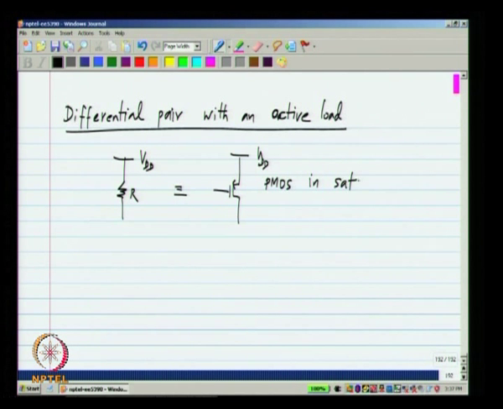Okay. If it is in saturation region, what does this look like? It looks like an equivalent resistance RDS, and we know that in saturation region this RDS is rather high. From the output characteristics of the MOS transistor, which are very flat in saturation region, we know that the GDS is very low or RDS is very high.